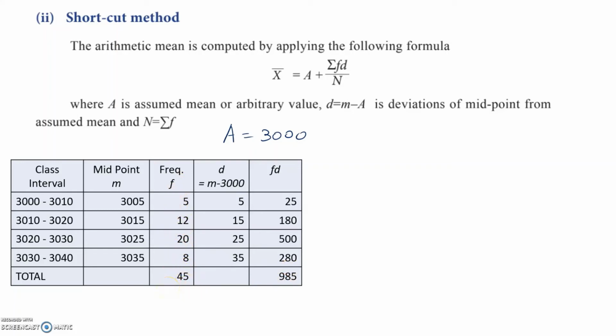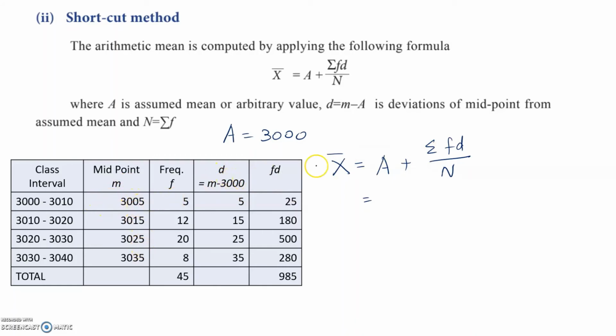Okay, so now let's calculate our mean. So here in this case, the mean is given by A plus sigma fd over n. Okay, this is simple logic. We have removed 3000 from each of the midpoints.